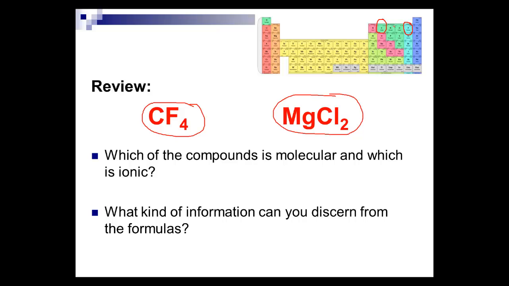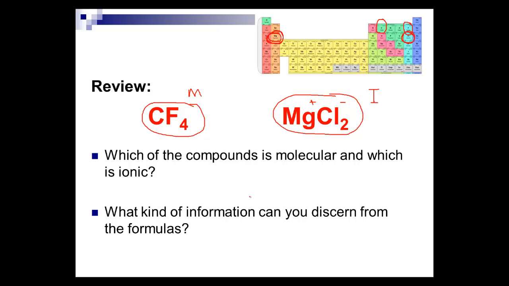So they're both from the right side of the periodic table, so this one is molecular. Mg is from the left-hand side of the periodic table. I'm circling it there, Mg, and Cl is from the right side of the stair step. And so that means that this is going to end up being an ionic compound. Mg will have a plus charge, plus something or other, and Cl will have a negative something or other charge.